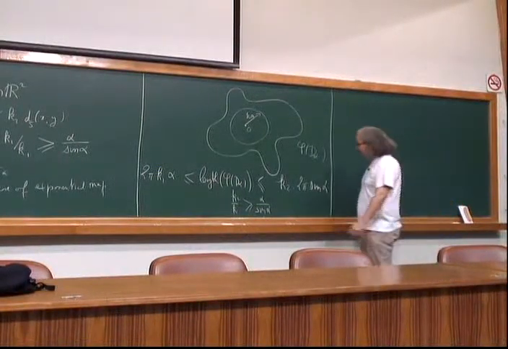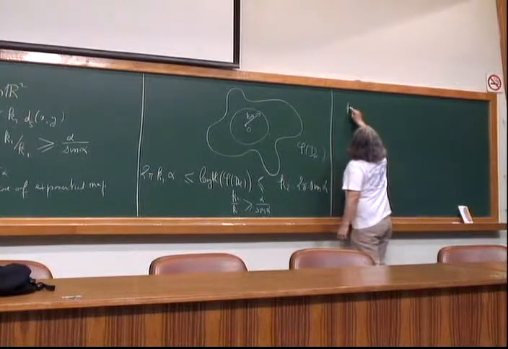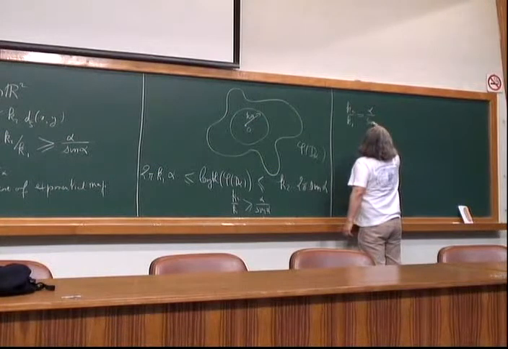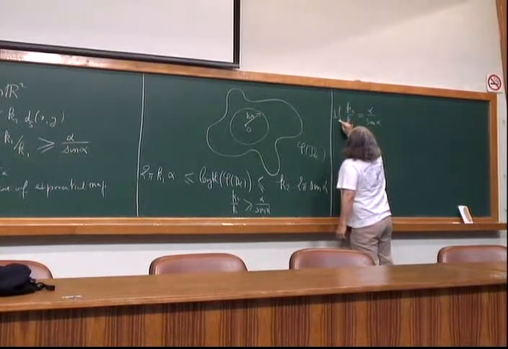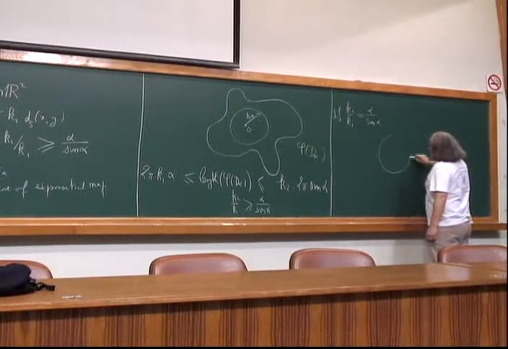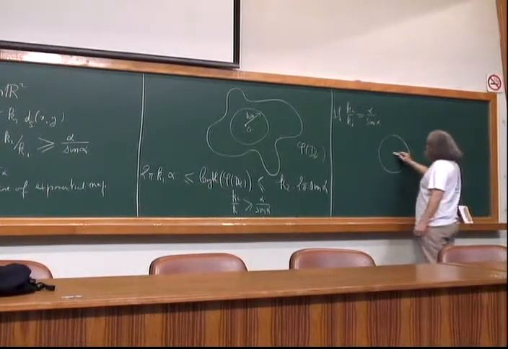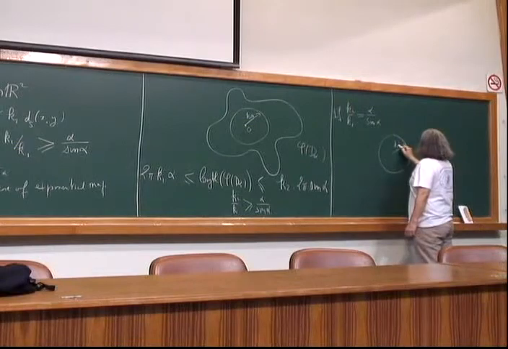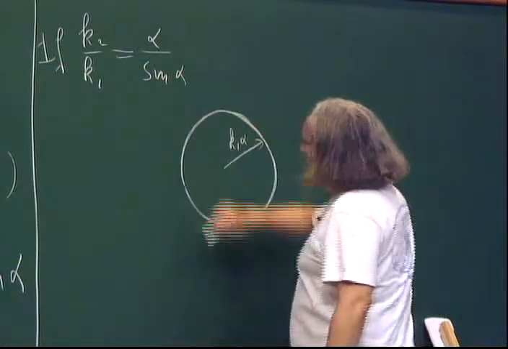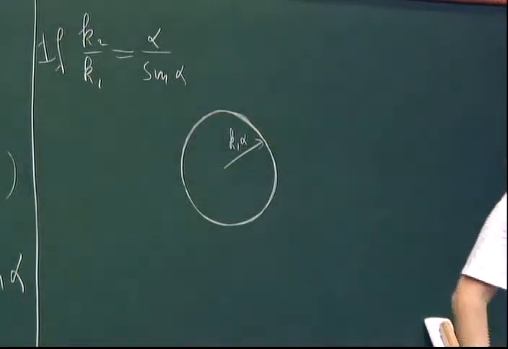So you see that if we assume that k2 divided by k1 is equal to alpha over sine alpha, it follows that the image of the disk is precisely the circle.